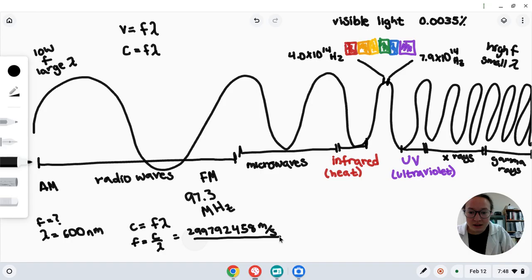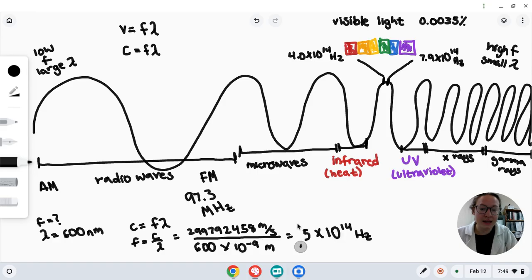That's going to be 600 times 10 to the negative 9th meters. Plug that into your calculator and you'll find that you get something like 5 times, I'm just using 1 sig fig here, 10 to the 14th hertz. And that is a little bit of a yellowish green kind of color of light, is that particular frequency.